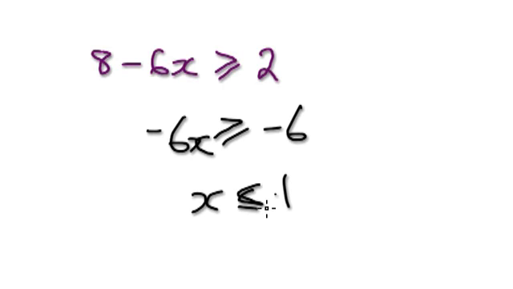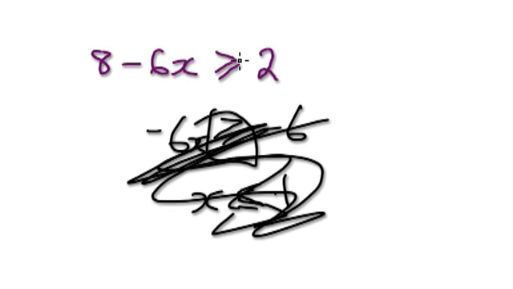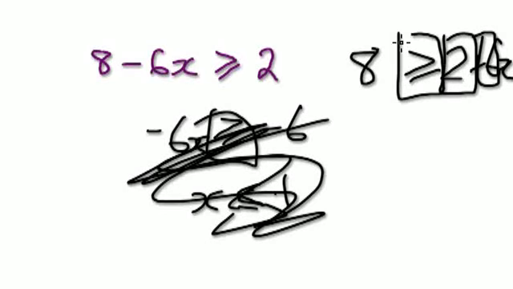You would do it as normal, but then you would switch this thing around. Really, forget about it. Just add 6x to both sides, and then kill off this thing, and then kill off the 6. So this sign here stays the same.